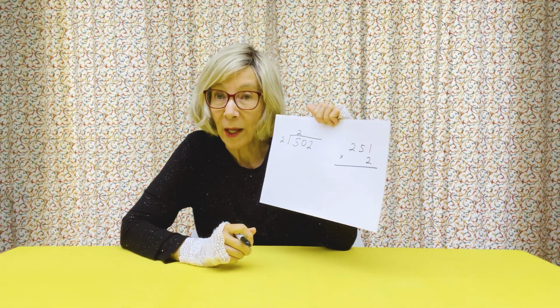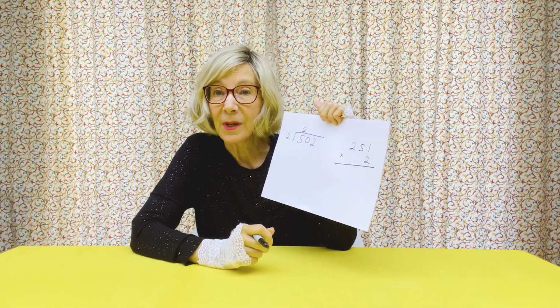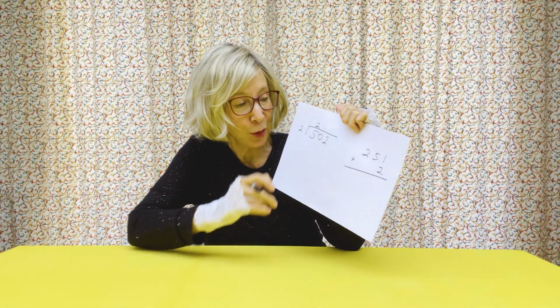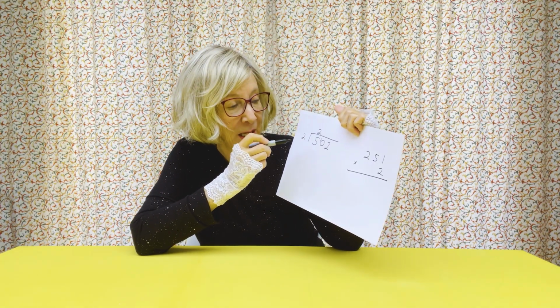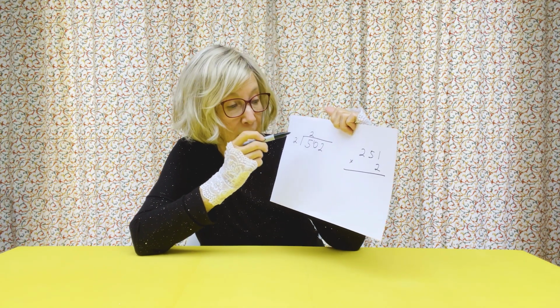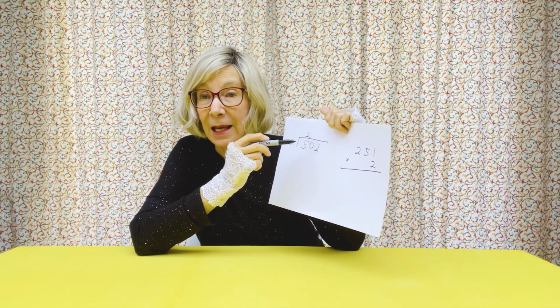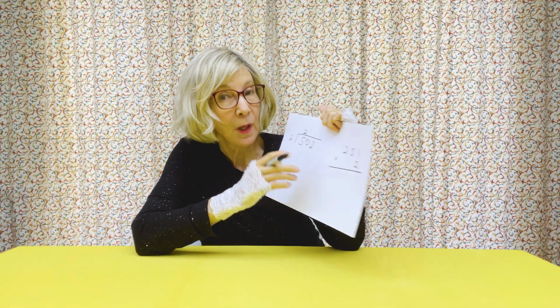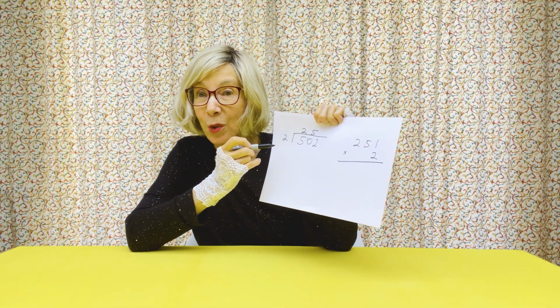We have 1 left from the 5, right? And let's cozy it up with a 0 and put it right here. Yay! We have 10. So now, how many times can I subtract 2 from 10? Or what do I need to multiply 2 by to get 10? Or what do I need to multiply 5 by to get 10? 2.